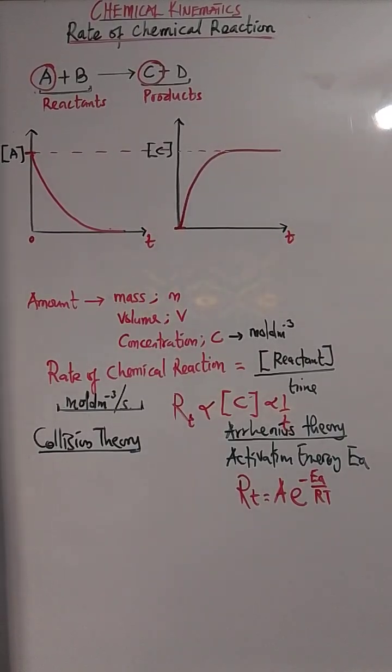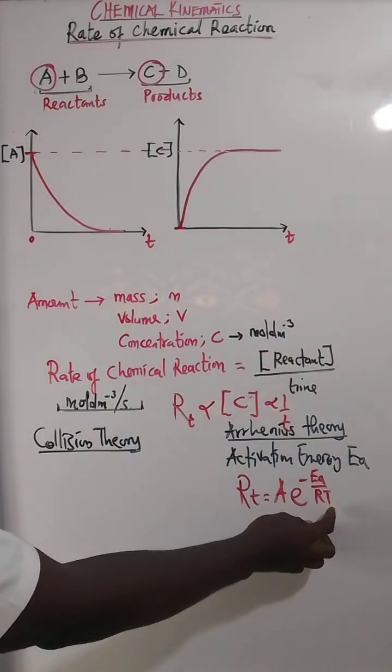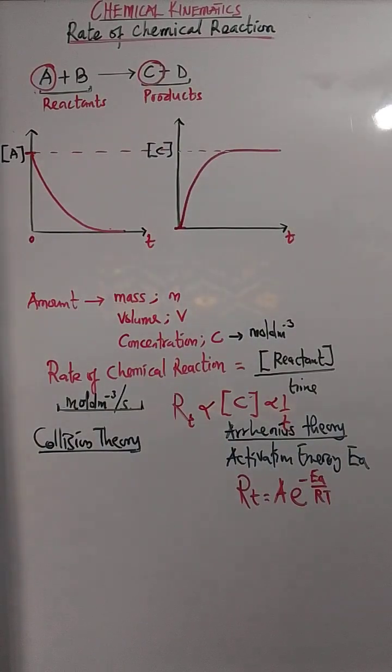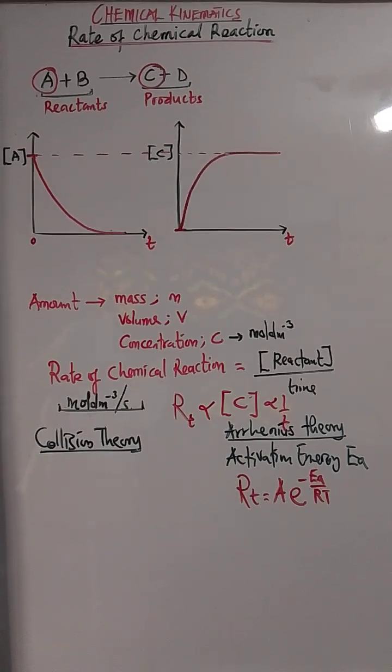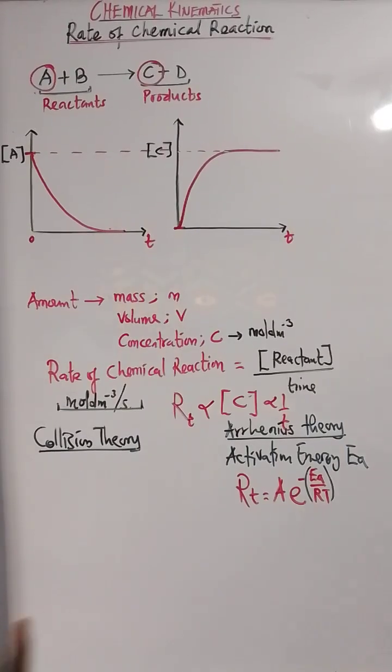In this theory, we can link temperature to kinetic energy, so that we know temperature is the measure of average kinetic energy of gas molecules. So we can say the more the temperature, the more the kinetic energy. The more the kinetic energy, the more the activation energy of the colliding particles. It even showed a particular distribution.